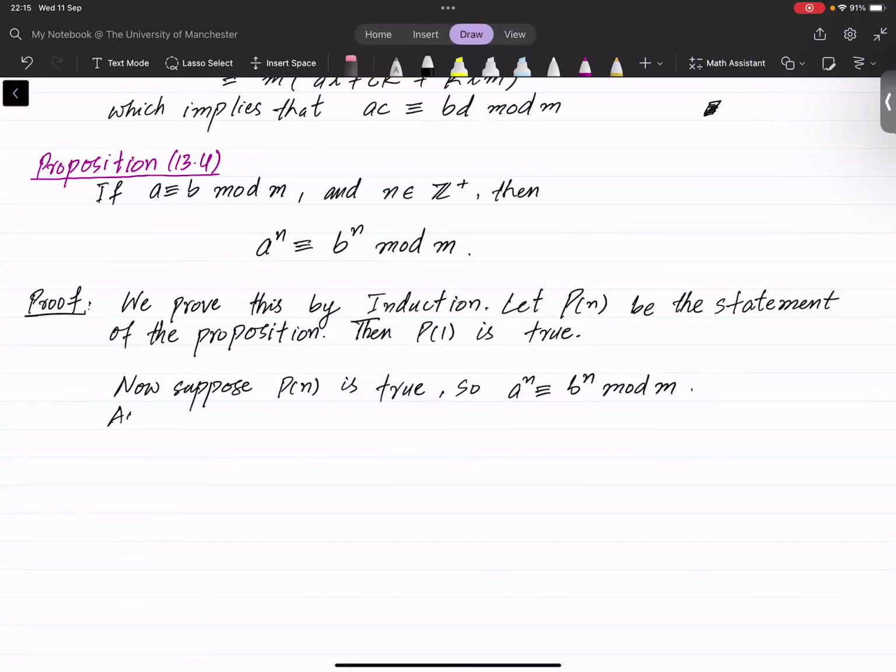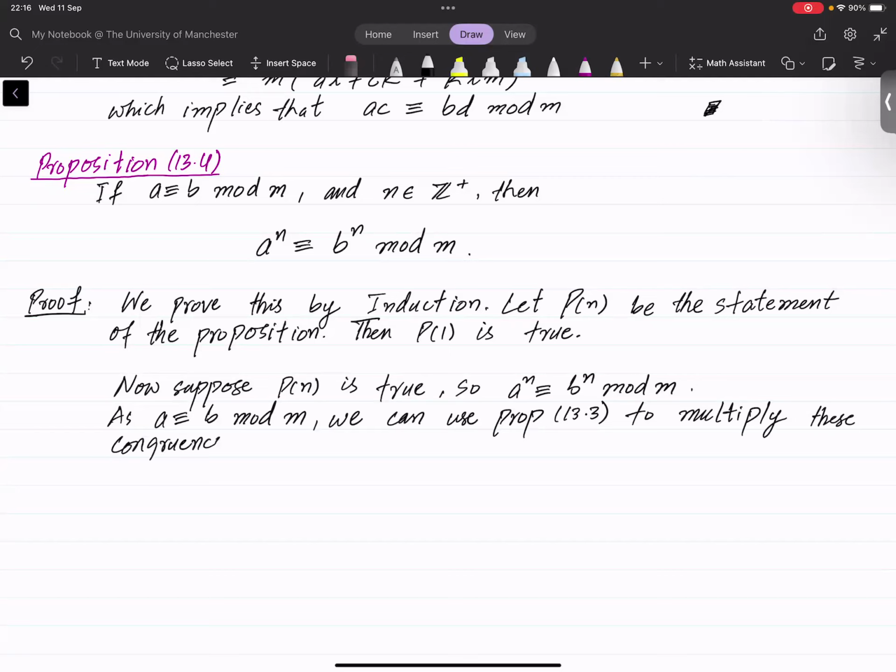Now a is congruent to b mod m. We can use proposition 13.3 to multiply these congruences and get a power n plus 1 is congruent to b power n plus 1 mod m, which is P of n plus 1.